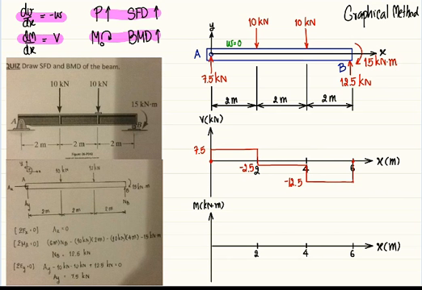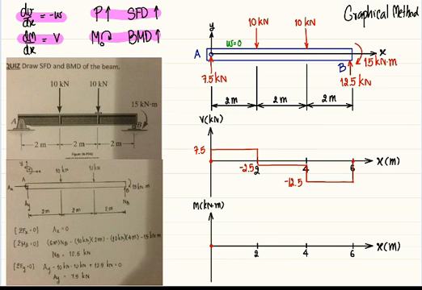And next, the moment diagram. Consider the shear force diagram and the point couple applied on the beam. We start from 0, and from section 1, the shear force is always constant positive, so the slope is always constant positive.